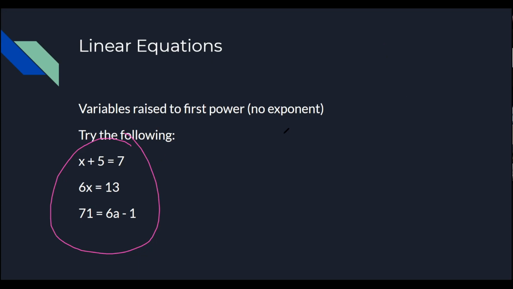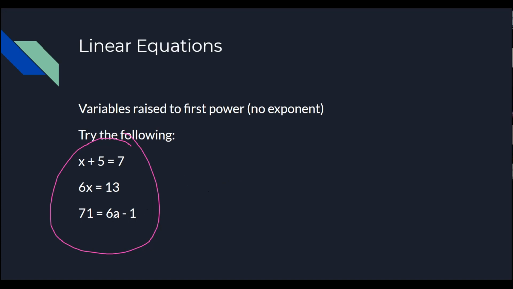Okay, 6x equals 13. And when I don't write any symbol in between, that means multiplication. Anthony? For that one, you have to do 13 divided by 6. Yeah, so it's just 13 divided by 6, right? You can also write that as 2.16666, something like that. And then 71 equals 6a minus 1.